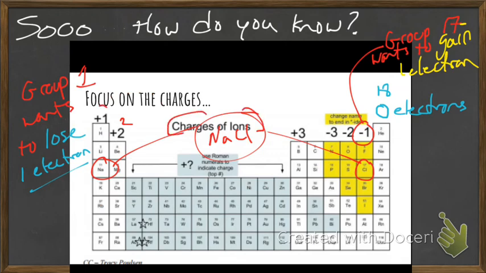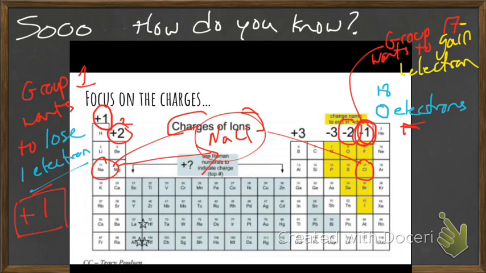Group 1 will always want to lose 1 electron. If you lose 1 electron, you're going to become positive because you're losing a negative. Group 2 wants to lose 2 electrons, so they're going to become positive too. That will go all throughout. If we start from the other side, group 18 is 0. Group 17 wants to gain 1 electron, becoming more negative.